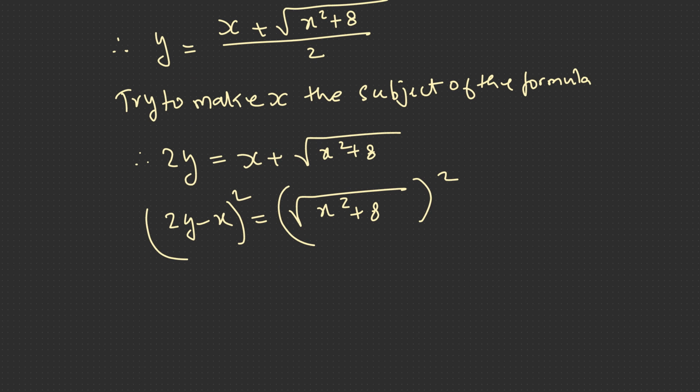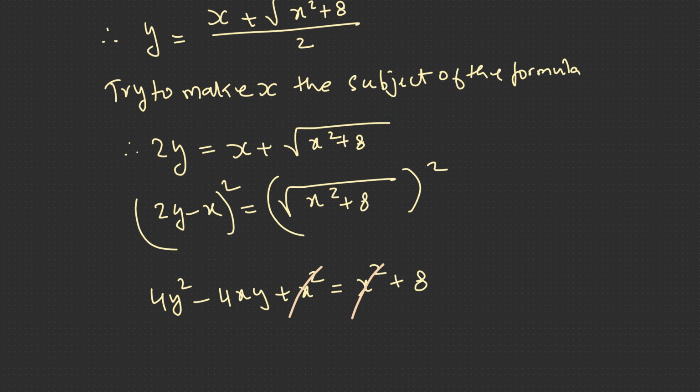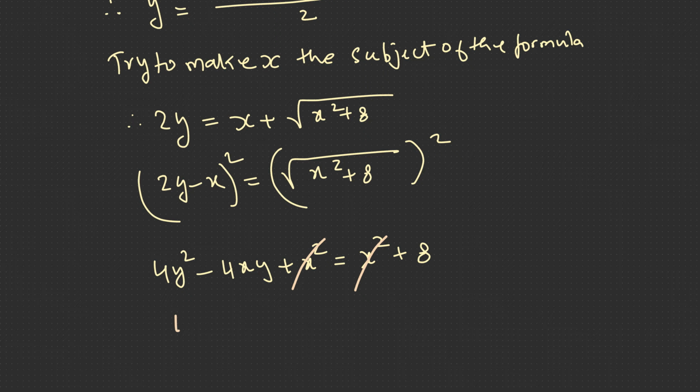So I will end up with 4y squared minus 4xy plus x squared is equal to x squared plus 8. So the x squares go away. Since we're trying to make x the subject of the formula, we get 4xy is equal to 4y squared minus 8.